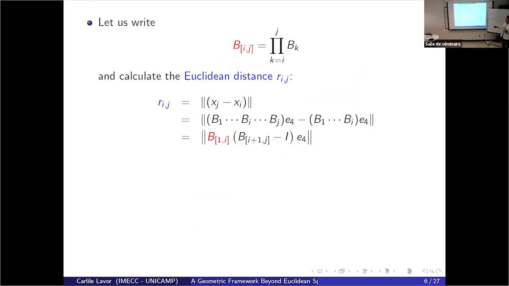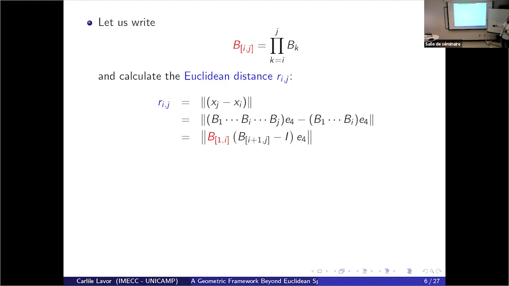This is the way that we represent the atomic position J, and the same here. So we just do this calculation, and this is the expression used in the literature to compute the interatomic distance between atom I and J.